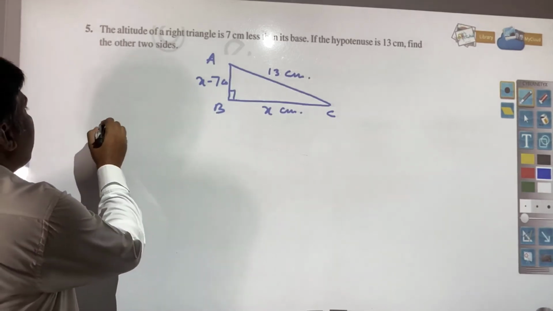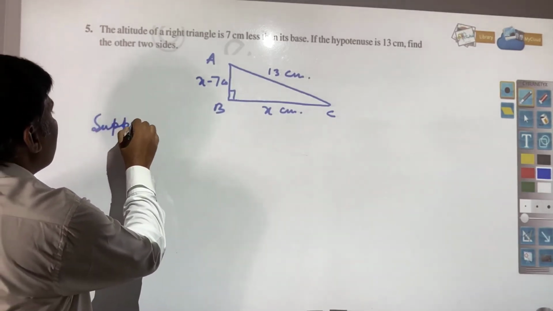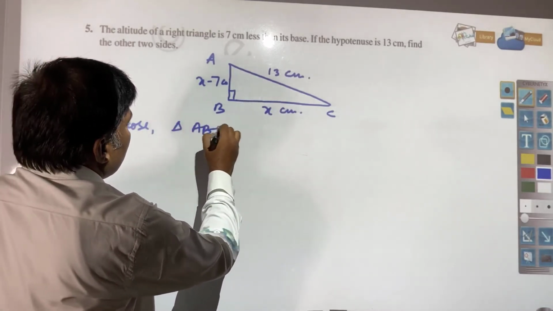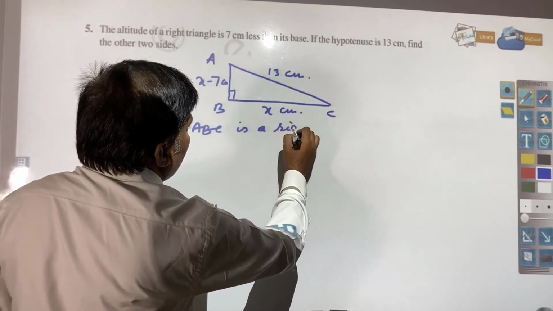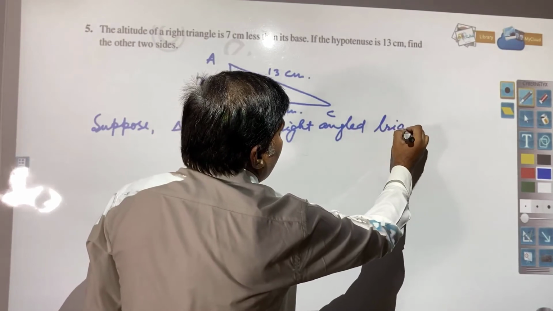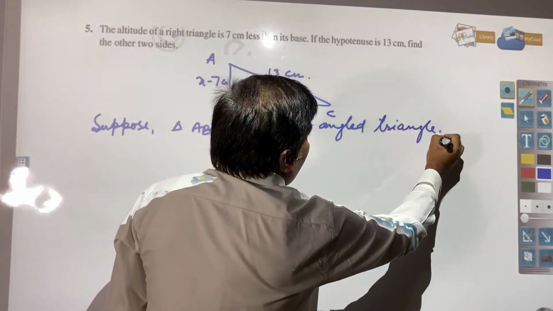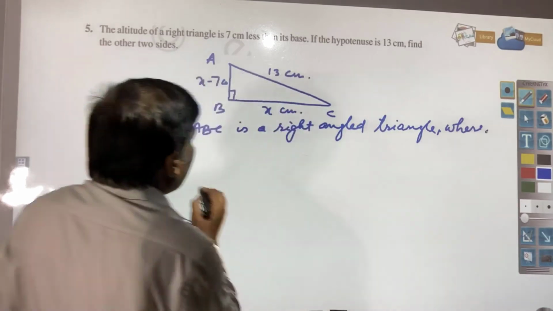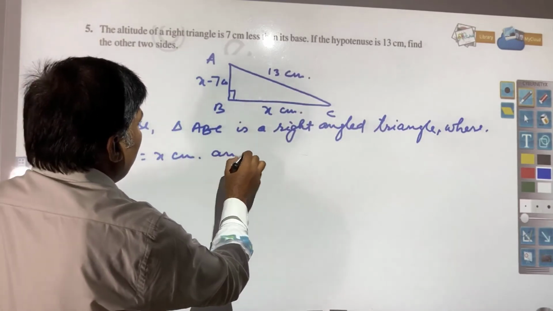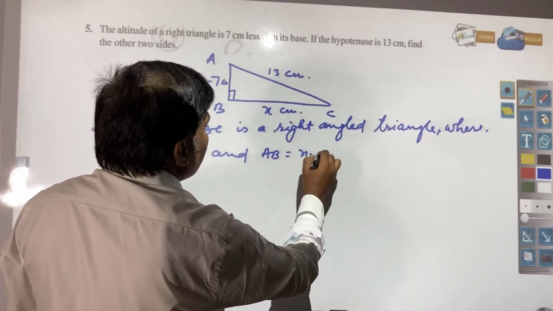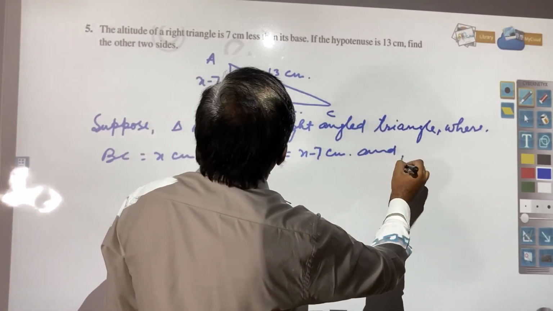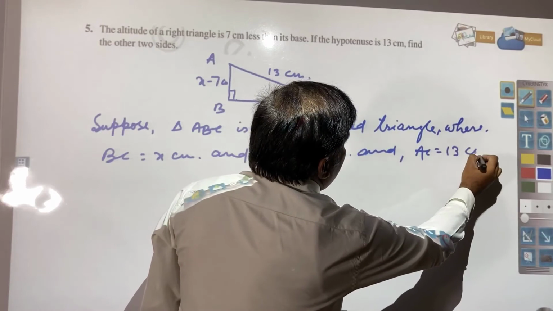Here you write, suppose triangle ABC is a right angle triangle where BC is equal to x centimeter and AB is equal to x minus 7 centimeter and AC is equal to 13 centimeter.